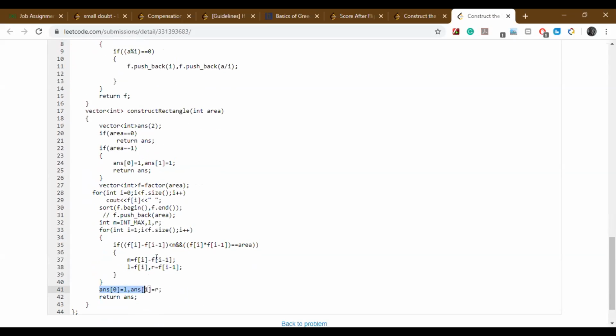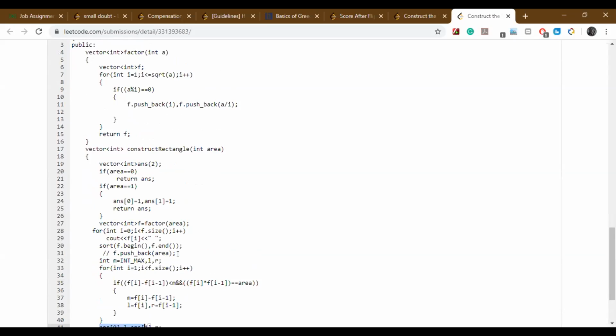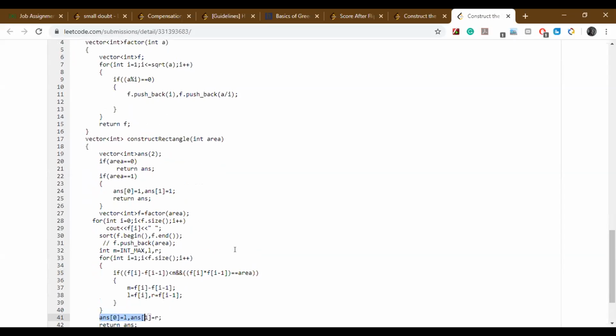You might not need to check all the factors, because if your factors are a into b, to have the minimum difference you need to have them as close as possible. That is true.